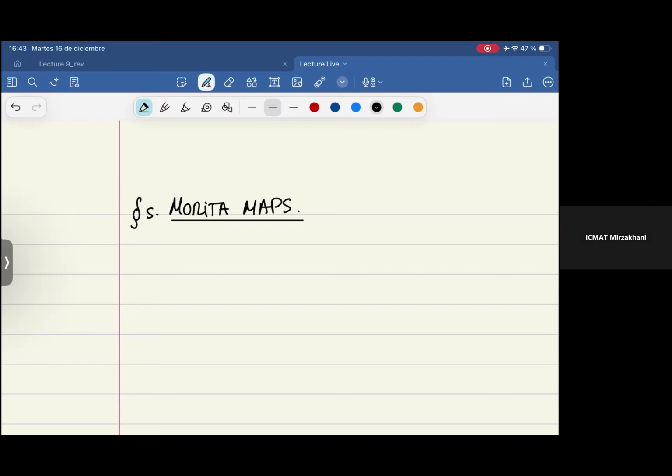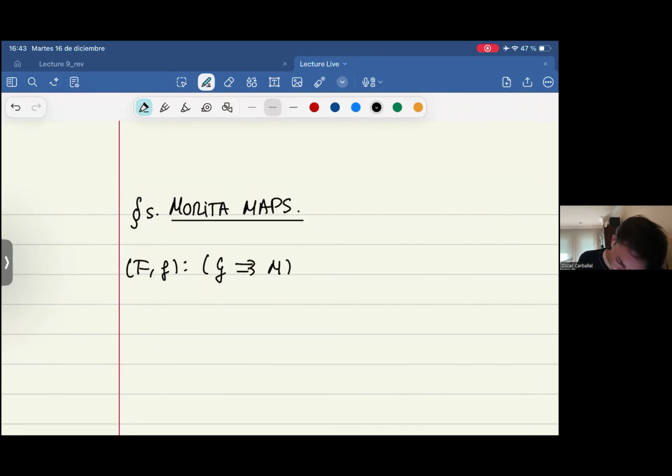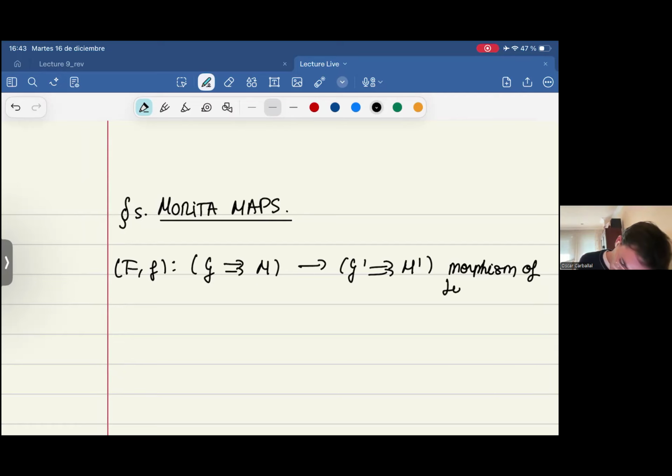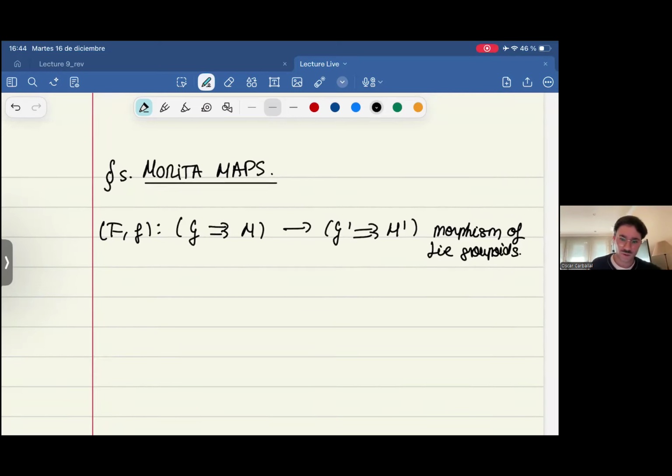Okay, so Morita maps are a very concrete and special kind of morphisms of Lie groupoids, right? So let us consider a Lie groupoid morphism between two Lie groupoids, G and G prime. And we introduce the following two definitions.